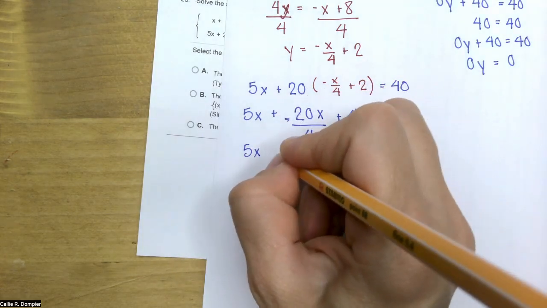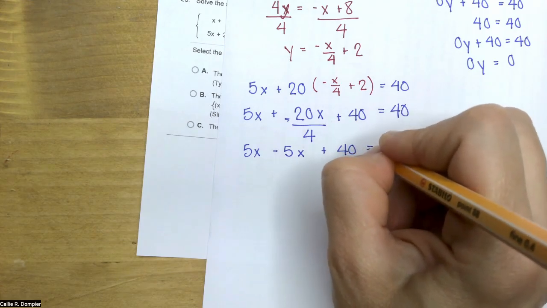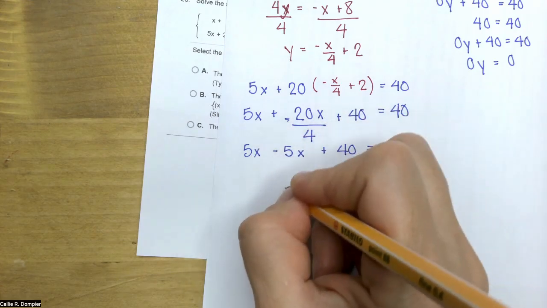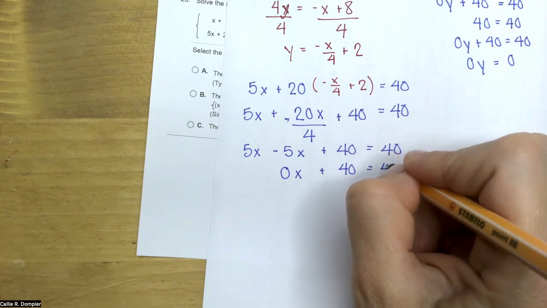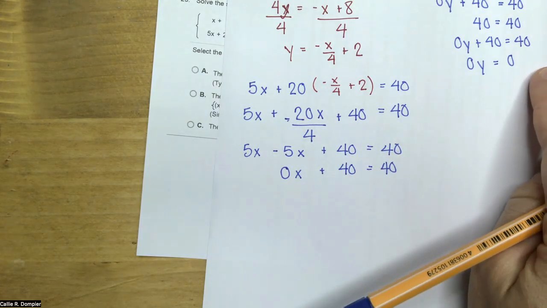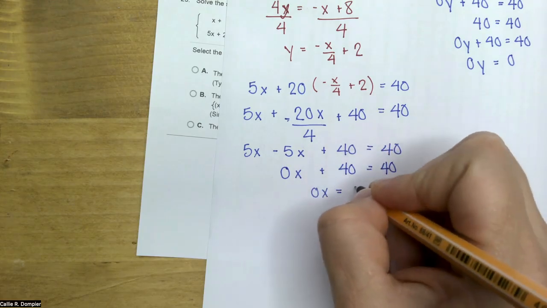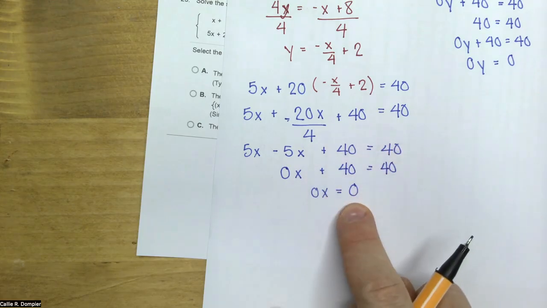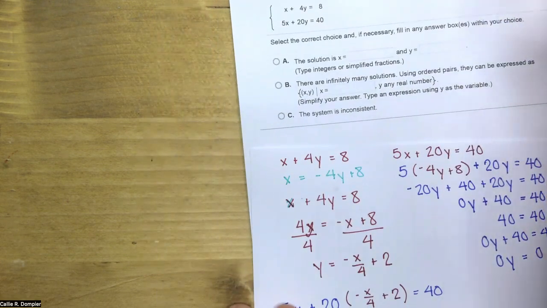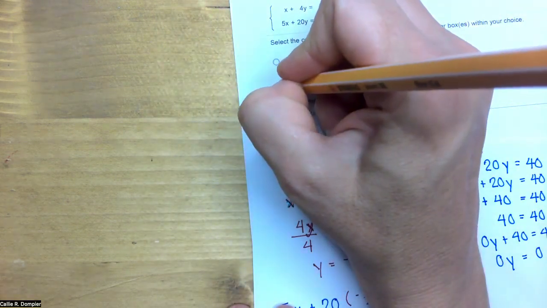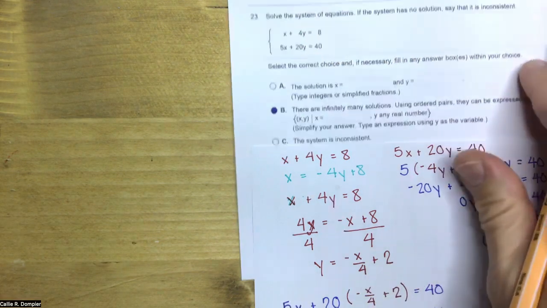Negative 20 divided by 4 is negative 5x plus 40 equals 40. 5x minus 5x is 0x plus 40 equals 40. So we're in the same situation as we were over here: 0x equals, subtract 40 from both sides, 0. So that is all infinitely many solutions.